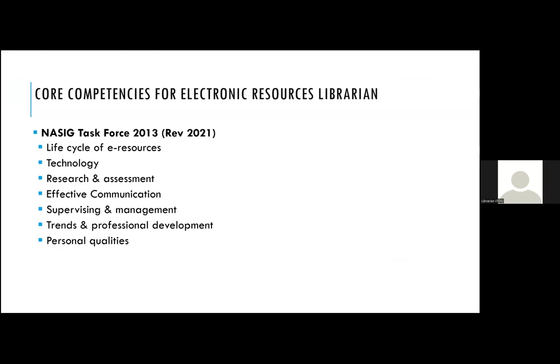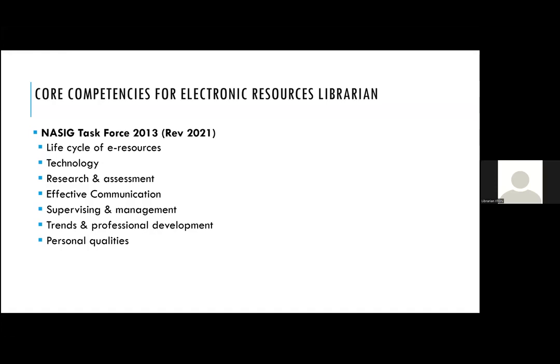These core competencies are divided into how many? Seven areas. One needs to know the complete life cycle of the e-resources and the technologies that can be used to manage the electronic resources, and research and assessment, that's basically evaluation, and effective communication. Also they list it as a core competency.